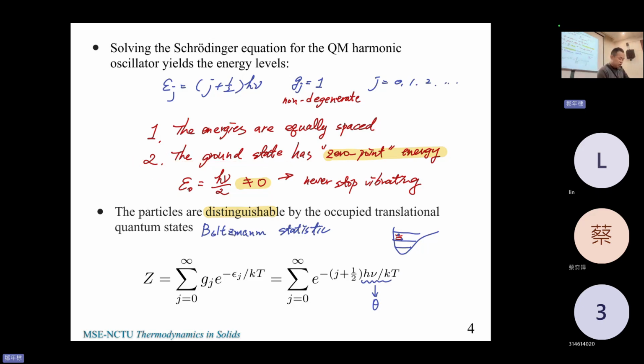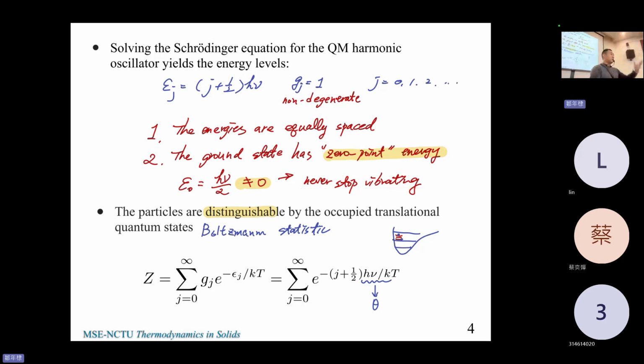If you substitute j equal to 0 here, epsilon_j is half h nu. So you see the zero point energy is not 0. Very important. The zero point energy is half h nu. So it's called never stop vibrating.